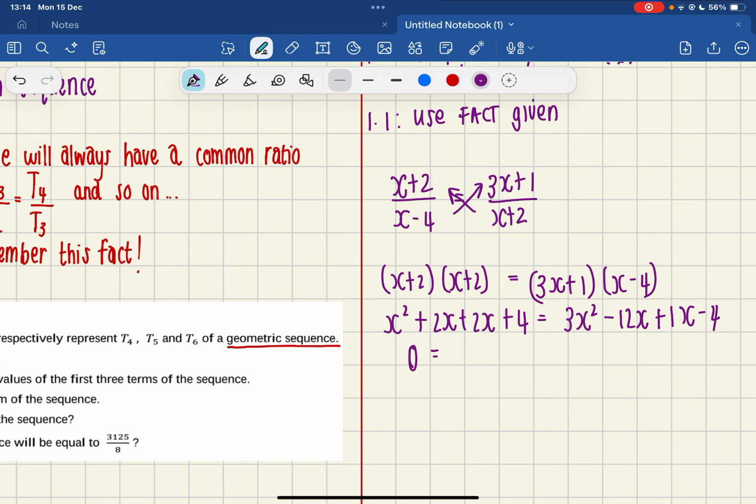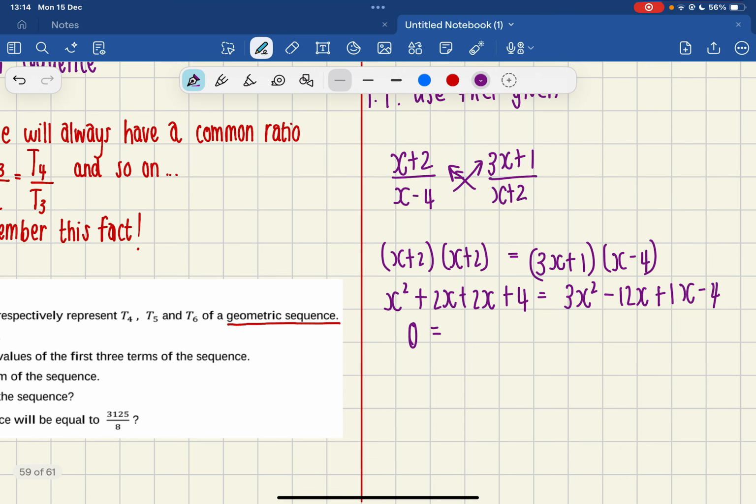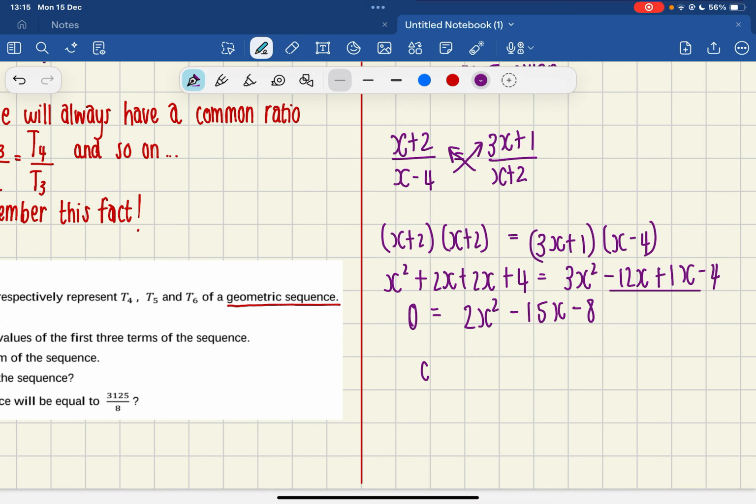If we take everything to one side, we would then have 2x squared, and negative 12x plus 1x is negative 11x. So negative 11x minus 4x is negative 15x. And then negative 4 minus 4 is negative 8. Now you plug this into your quadratic formula.